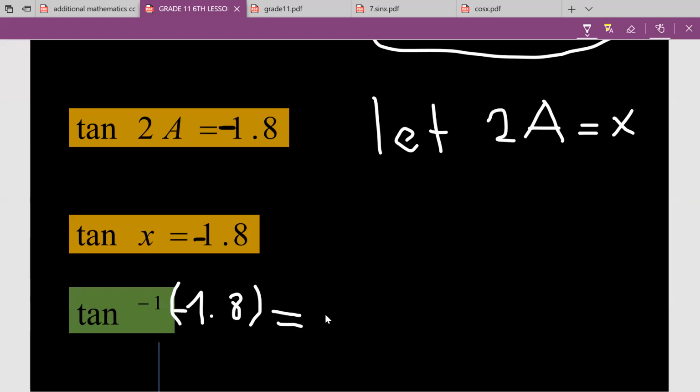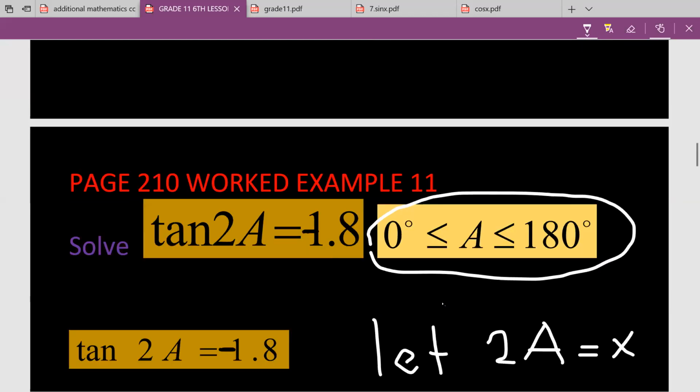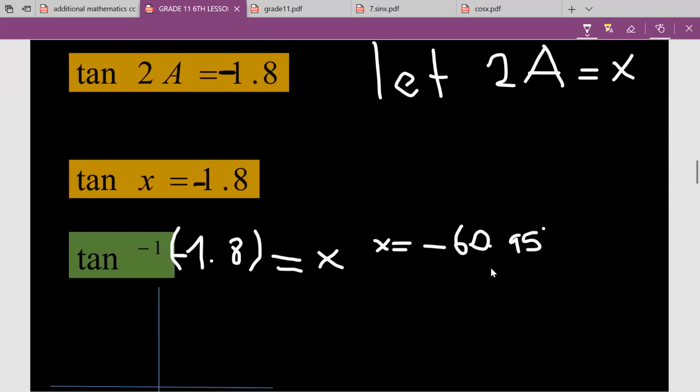When you use the calculator, x will be equal to negative 60.95 degrees. But it's not in the range. The range is between 0 and 180 degrees. What will I do now?